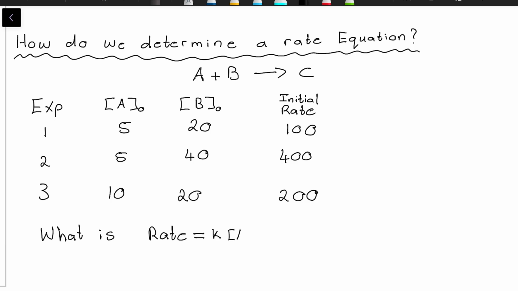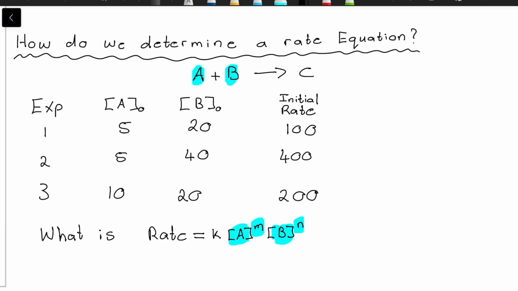So [A] to the power m multiplied by [B] to the power n. So in other words, you just take the two reactants and you put down their concentrations and you put them to the power of something, meaning an m and an n, because you don't know what those powers are yet. Okay, so that's what we want to know.